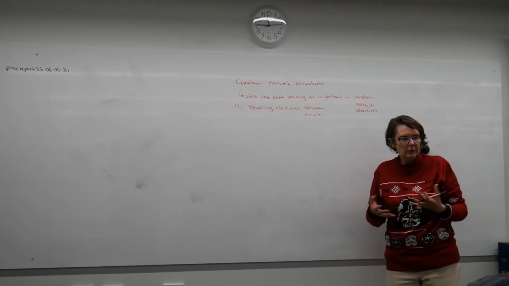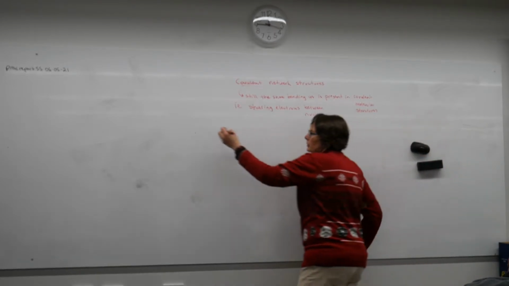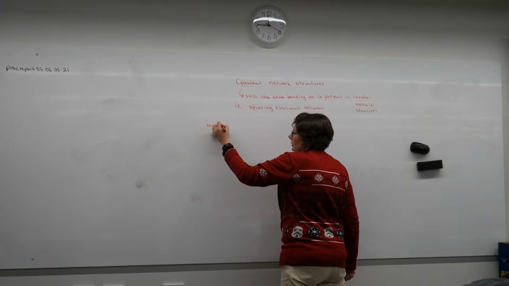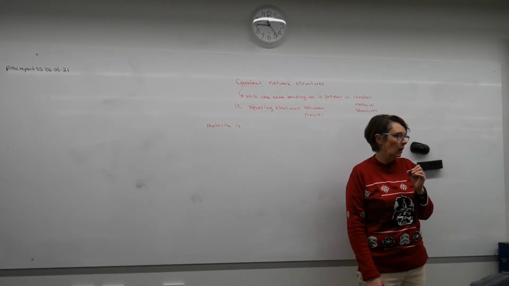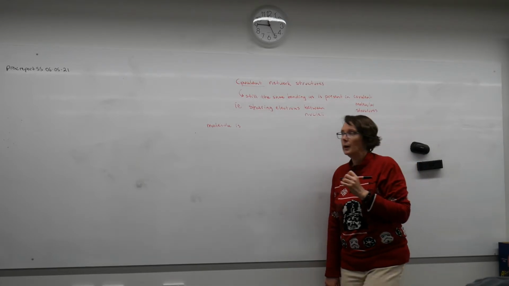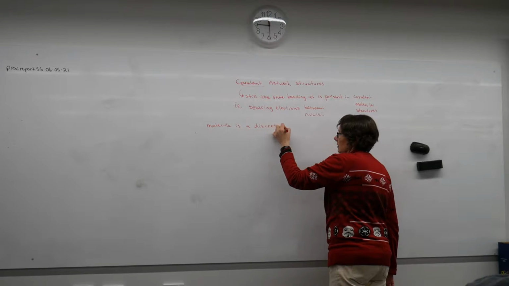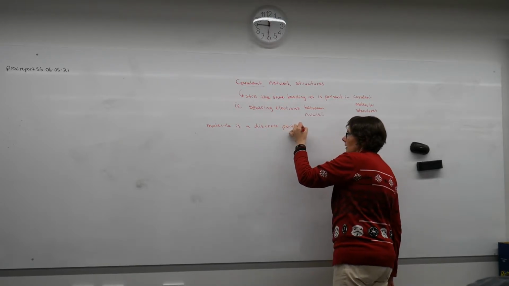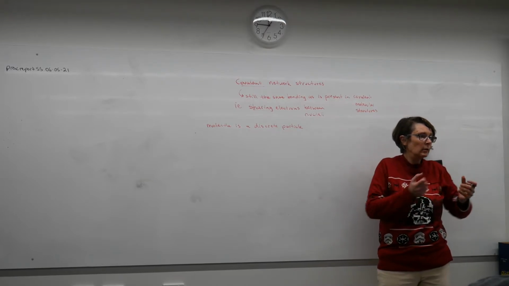But where the difference does come in is we know that a molecule is a discrete particle, because we just made a whole bunch of them, didn't we? They turn out to be like blobs.